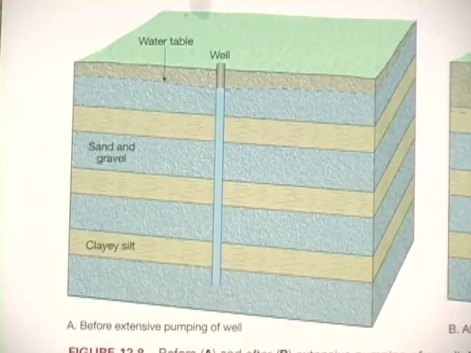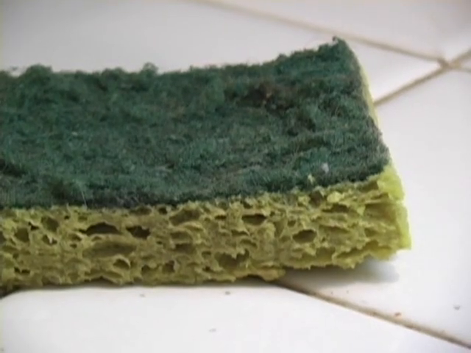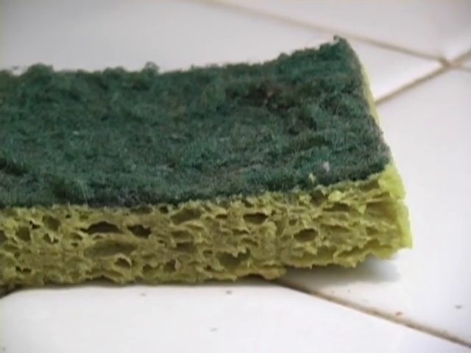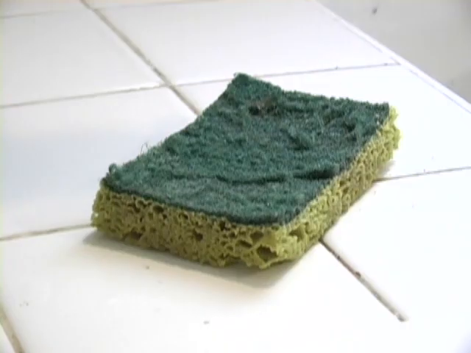The last one we have is what happens if you withdraw water from the ground. Normally you have a certain amount of water in the ground, and it keeps the ground filled up. Think of it like a sponge. You get the sponge wet, and it sits there at a certain size. Now let it sit out for a few days.